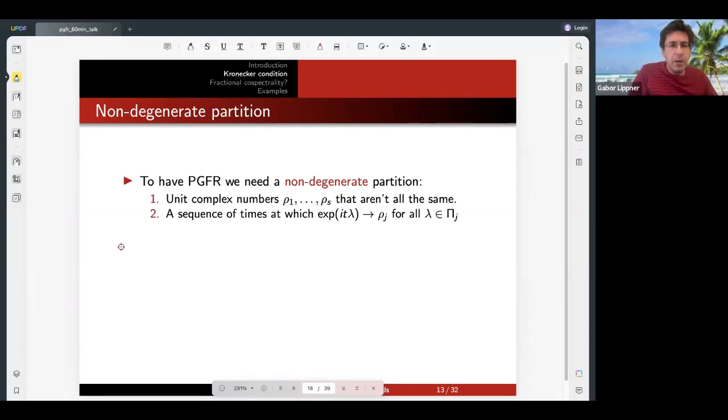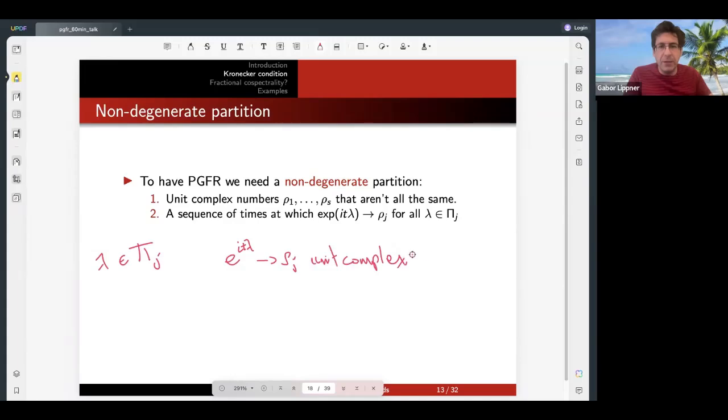So for each part, we take an eigenvalue in that part of the spectrum, and then we look at e to the it lambda at that sequence of times that gives pretty good fractional revival. And we want this to converge to some rho_j unit complex number that will be the corresponding eigenvalue of the Z matrix. There's no Z matrix yet. We're kind of getting the Z matrix out of this, but this will be the eigenvalue of Z.